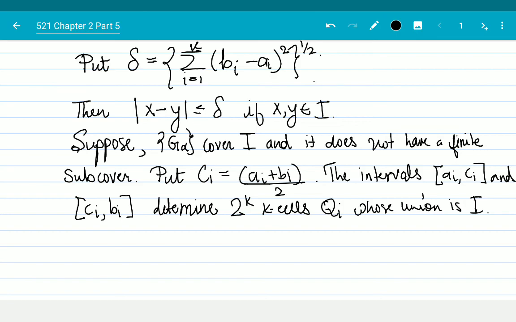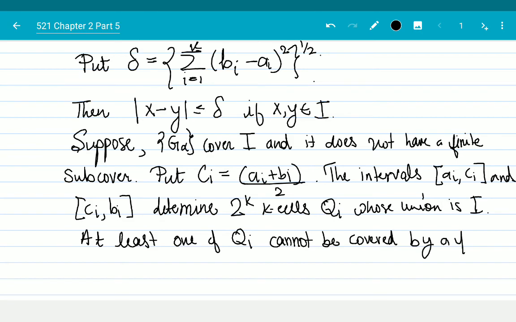So at least one of these Qi cannot be covered by a finite subcollection or subcover of G alpha.